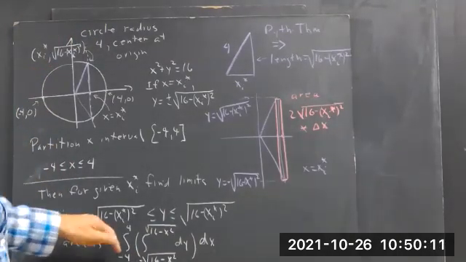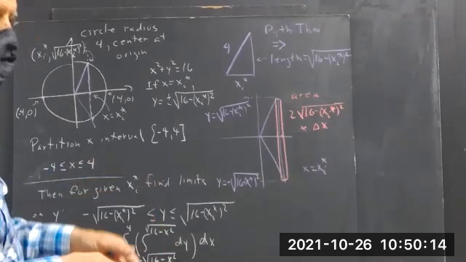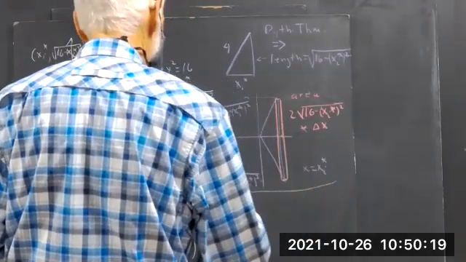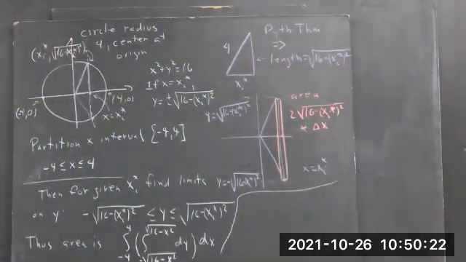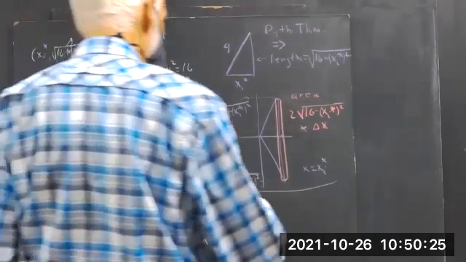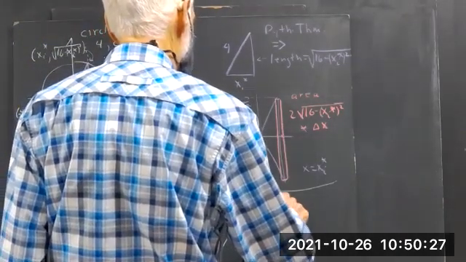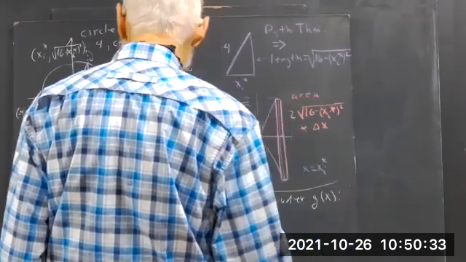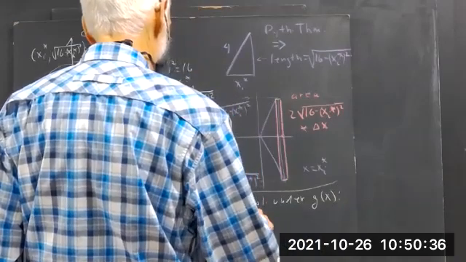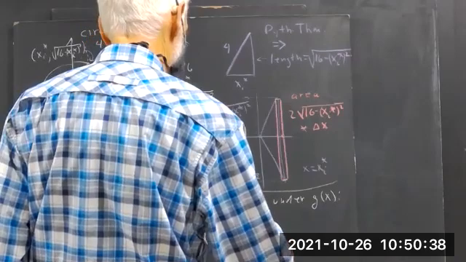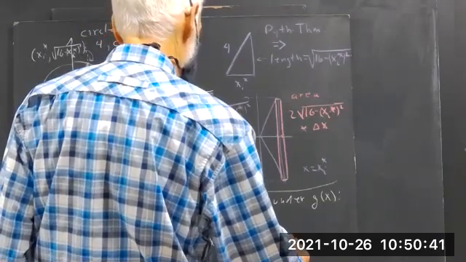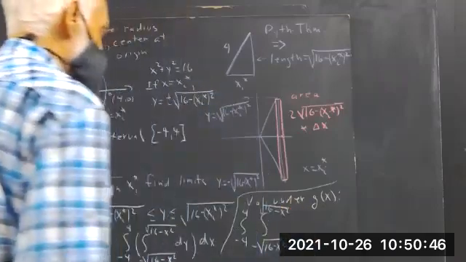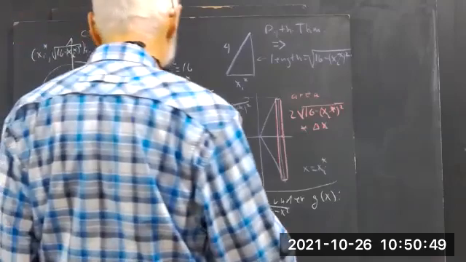You can think through how this corresponds to the whole process that we did previously. The area under the curve g of x, or volume, would be going to go with the same limits.